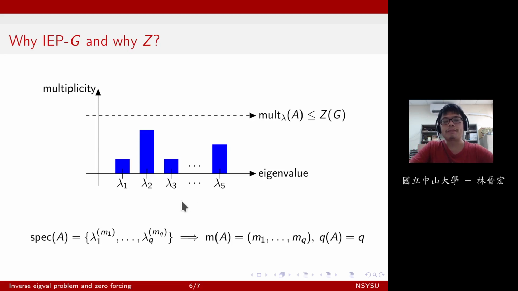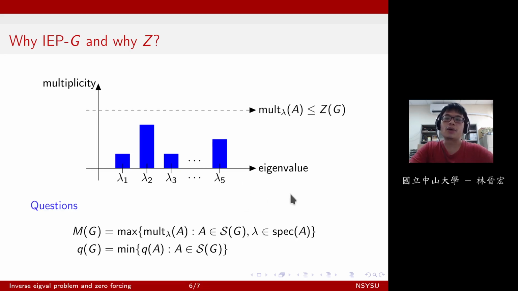When we talk about the spectrum of a real symmetric matrix, there are several things that we can do. Because all the eigenvalues are real, we can put them on a real line and use the height to describe the multiplicities. So we can describe the multiplicity list, which is m1 up to mq, and we can also talk about the q value, which is the number of distinct eigenvalues. The questions in concern are the following.